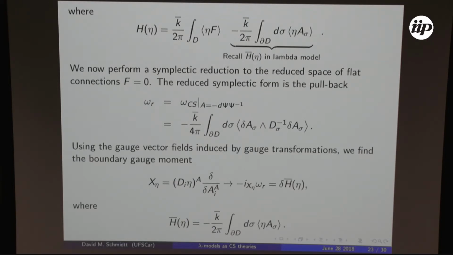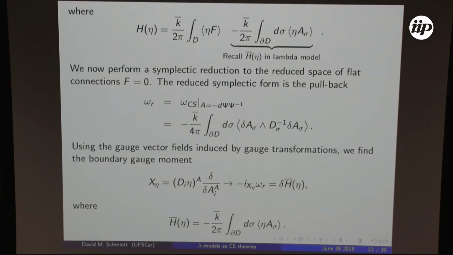So the boundary contribution resembles exactly the extended generator of gauge transformations of the monodromy matrices at the poles. If we perform a symplectic reduction to the reduced space of flat connections, which is well known in mathematics, the reduced symplectic form you compute is just the pullback of the Atiyah-Bott 2-form to the constraint surface, the surface defined by the flat connections.